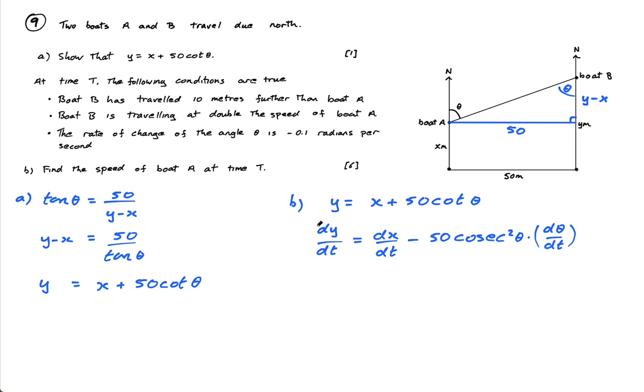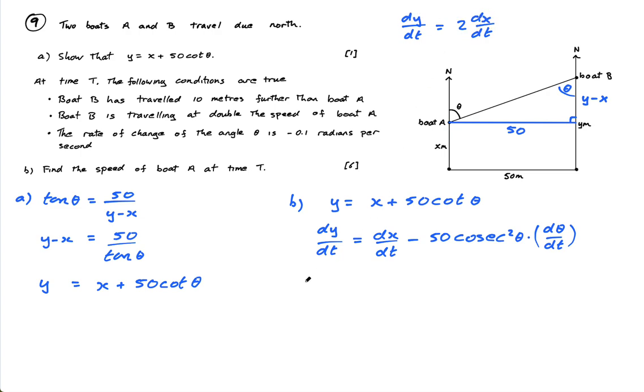Now we know that at this time t, boat B is traveling at double the speed of A. So I can actually say, well, let's write it up here, dy dt is equal to 2 times dx dt. Because the speed of this is twice this speed, so to make them equal, I double that.